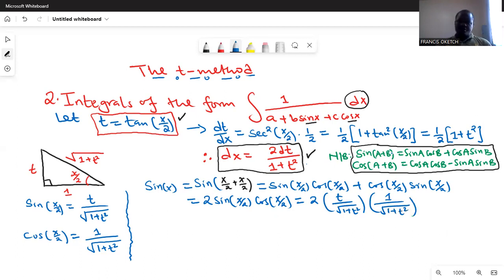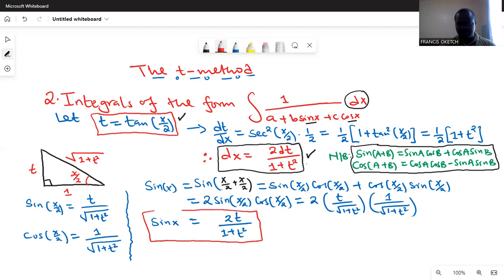So when you work out that, you get 2t in the numerator, and in the denominator you get 1 plus t squared. So that is sine x in terms of t. So you can just say sine x should now give us 2t in the numerator and 1 plus t squared in the denominator.